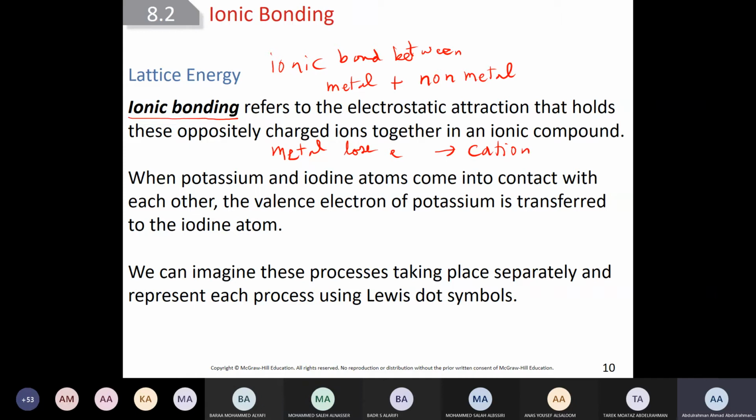And what will happen to the non-metal? It gains electrons to make an anion. And then what will happen to the cation and the anion? They attract each other, and that's how the ionic bond takes place.